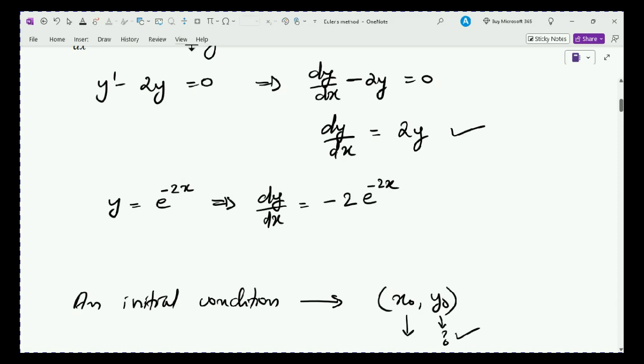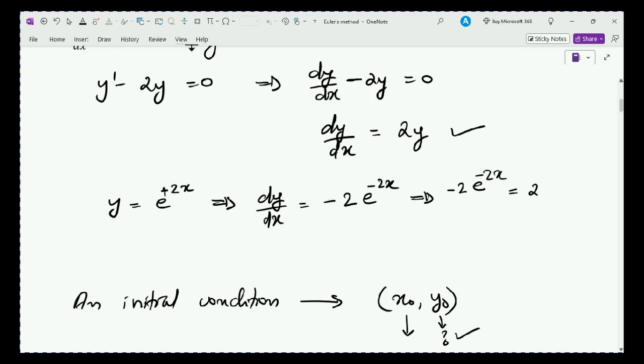Okay, so now if you substitute here, dy by dx is this, so this will give you minus 2 exponential minus 2x equal to 2 into, just hold on, I think this is exponential e power 2x.